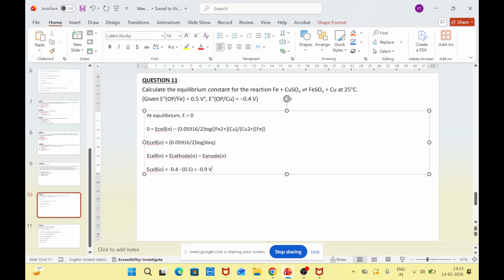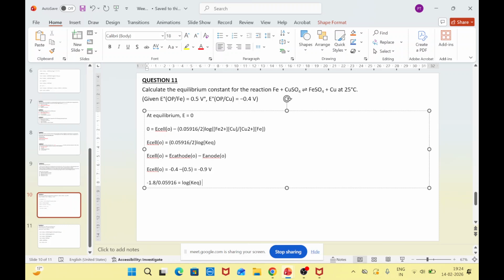Am I right? So now if you substitute, then you will be left with minus 1.8 by 0.05916 equals log K equilibrium.